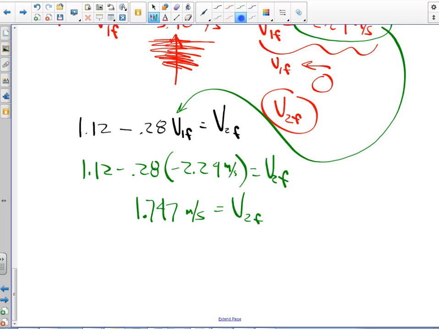It's positive, so after the collision, ball 2 is going this way at roughly 1.747 meters per second. Ball 1 has rebounded this way at negative, he forgets already, 2.24 meters per second.